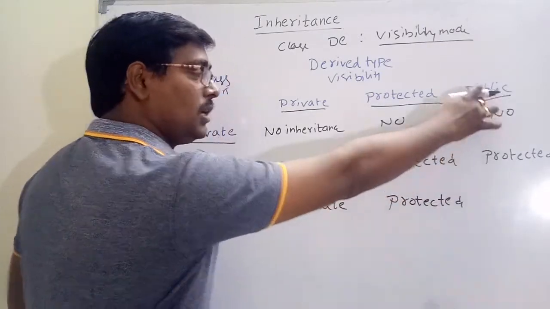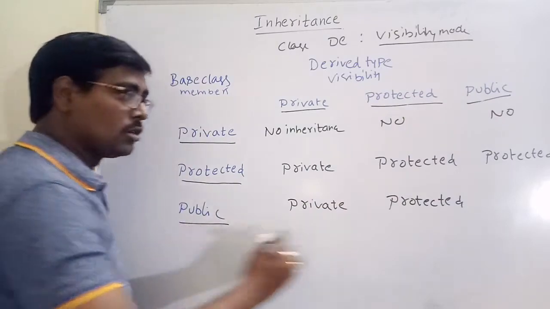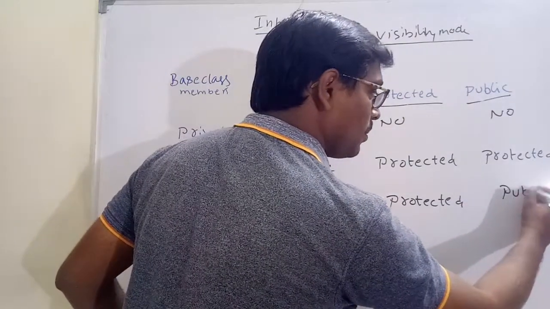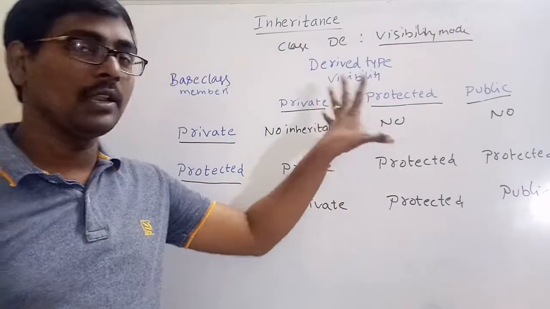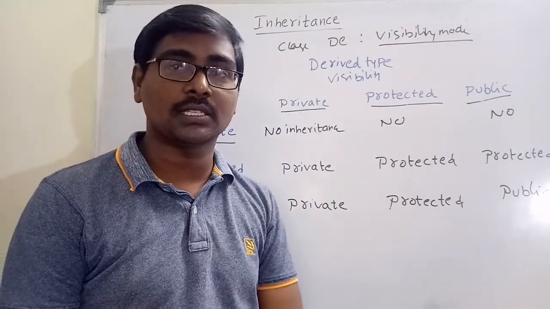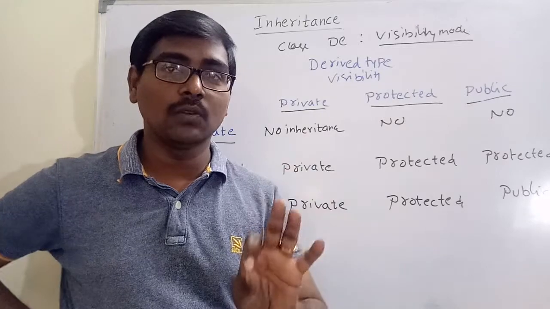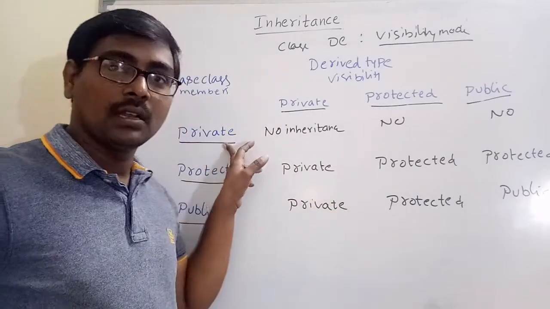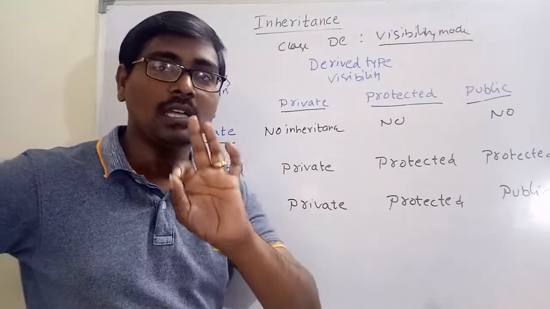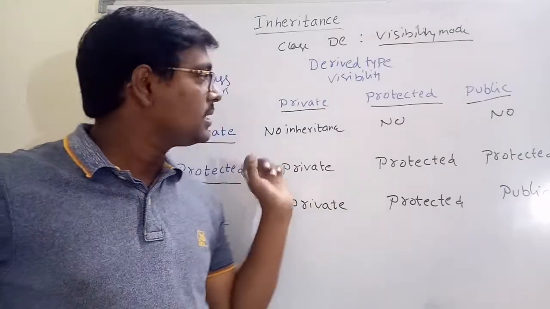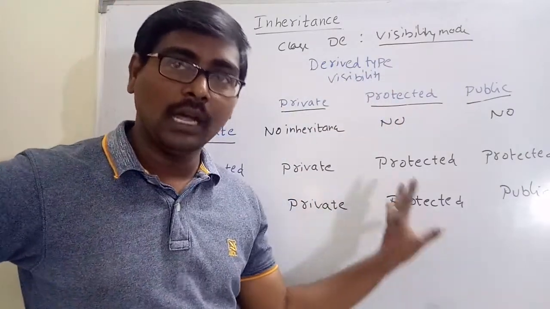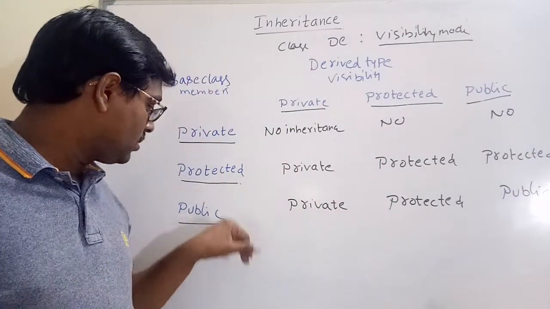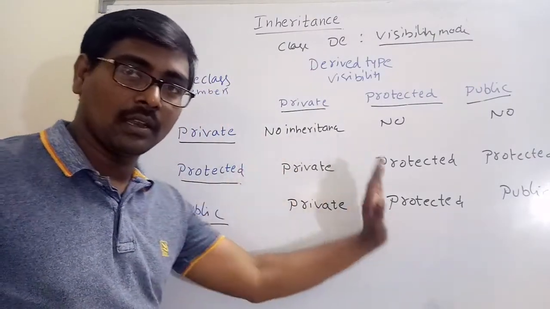If the visibility mode is public and the member is also public, simply it is public. Observe the table, as this is very important for implementing inheritance. In all the cases, observe carefully, the private members are not inherited. Public and protected members are inherited.